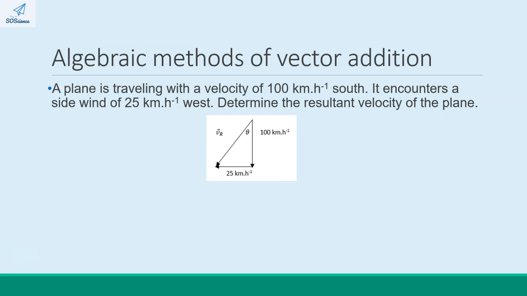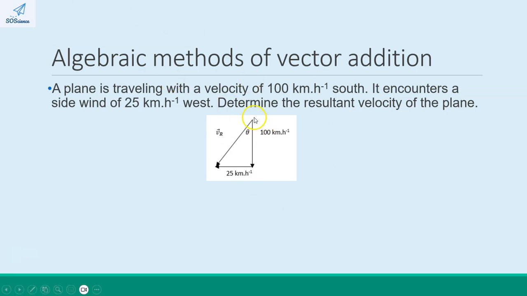Now remember that when it comes to algebraic mathematical methods of vector addition, when it's in 2 dimensions, you will only be asked for questions where the vectors are acting at right angles to one another. So here's another example. A plane is traveling with a velocity of 100 kilometers per hour south.